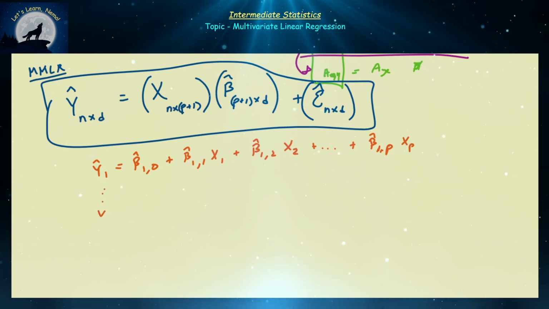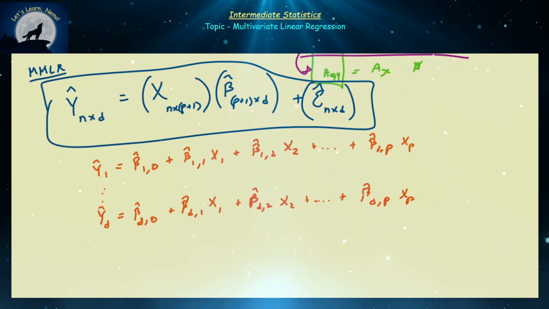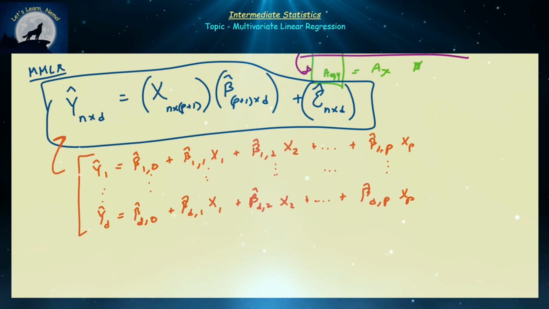And then we're going to continue that all the way down to the last response, which is going to be y hat d, and that's going to be equal to beta hat d,0, and then beta hat d,1 x1 plus beta hat d,2 x2, all the way down to beta hat d,p xp, right? So that would be the written out version of this matrix structure. So that's what we're going to be solving.